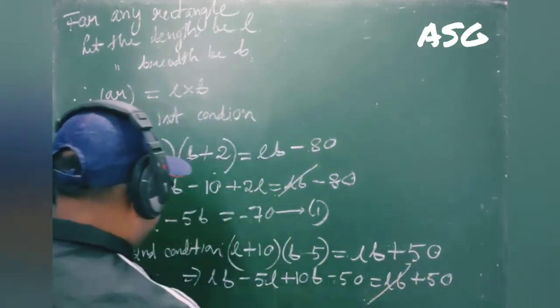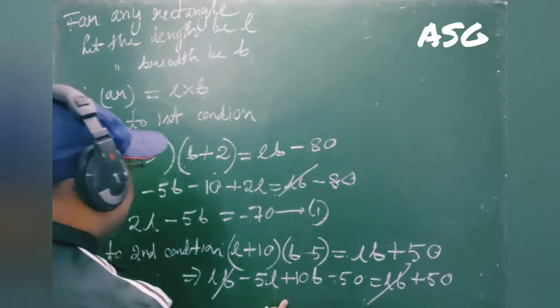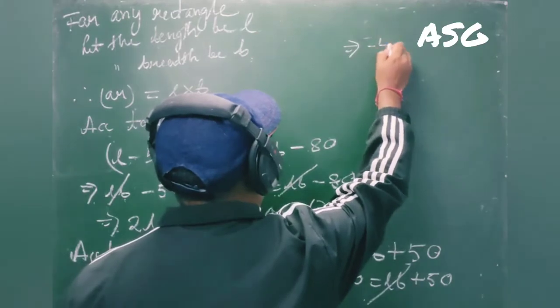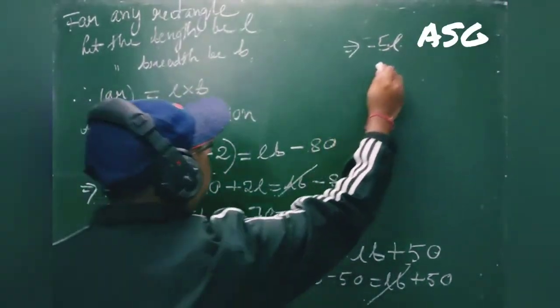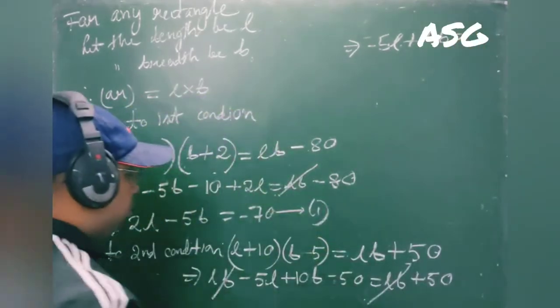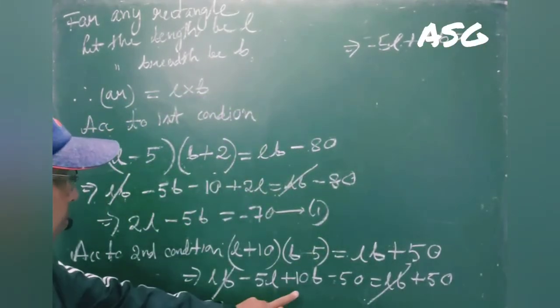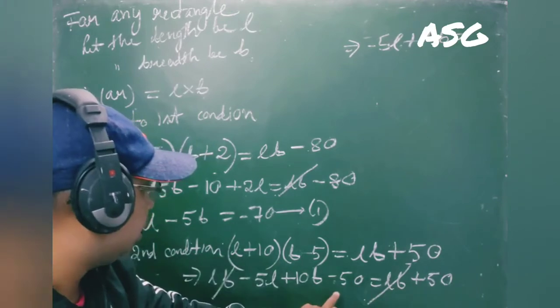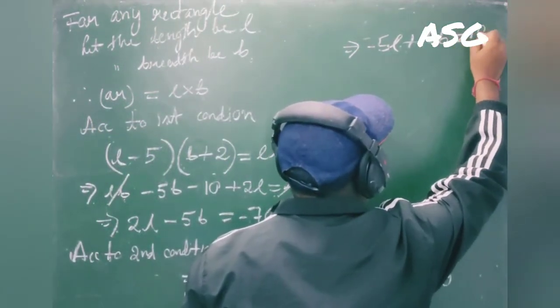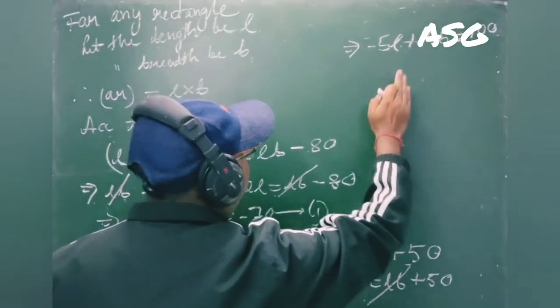Now LB and LB cancel, you get minus 5L plus 10B equal to 50 plus 50, which is your 100. Now see, there is something which is common, which is 5.